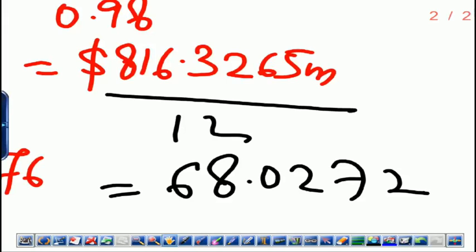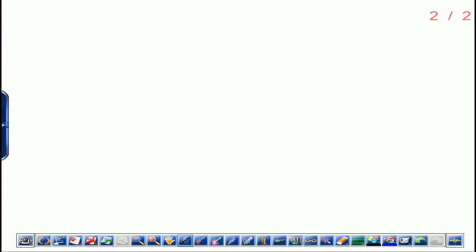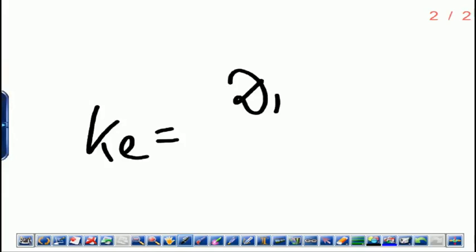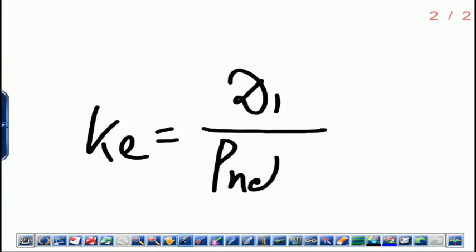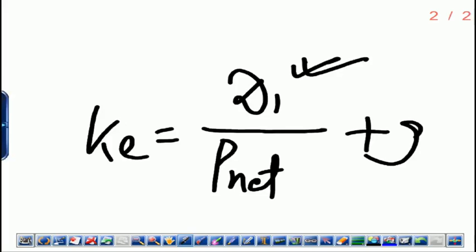Okay, so let's look at the solution. And also one thing just to conclude, like cost of equity, even from IPCC, CA Inter, we used to do D1 divided by P net plus G. Everybody will remember this formula. Somebody calls P net as NP, net proceeds. So cost of GDR or cost of ADR will also be calculated via this formula, D1 by P net plus G. Now it is important that if you take D1 in terms of rupee, then P net has to be in rupee.